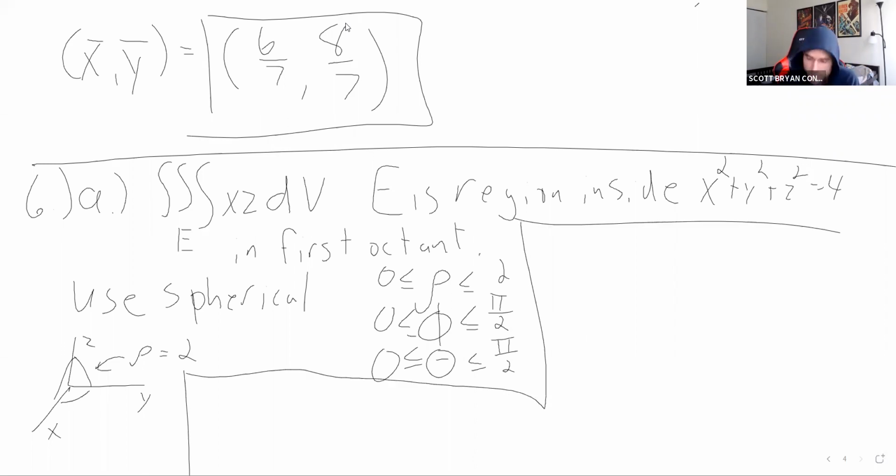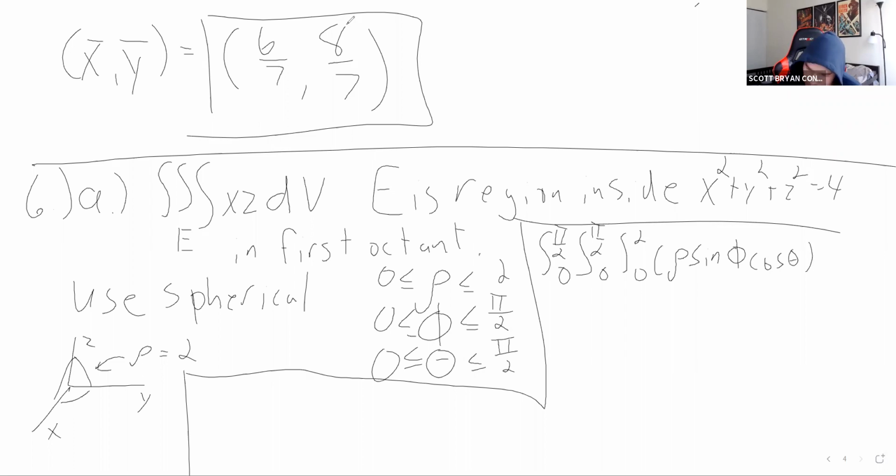Okay, so let's set up our integral. Theta goes from 0 to pi over 2. Phi goes from 0 to pi over 2. And rho goes from 0 to 2. And then xz, x is going to be rho sine phi cos theta. So remember, in cylindrical, x is r cos theta, and r is rho sine phi in spherical.